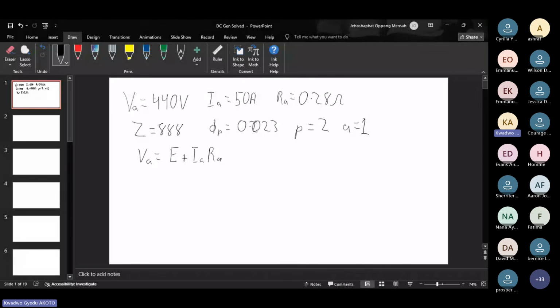So we need to just find E. So with this in mind, our E is going to be VA minus IA RA.